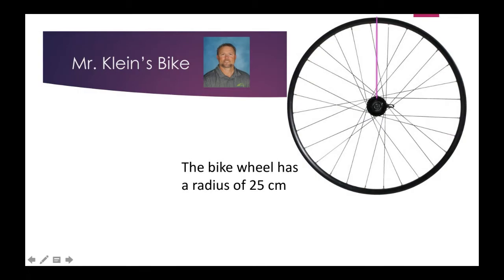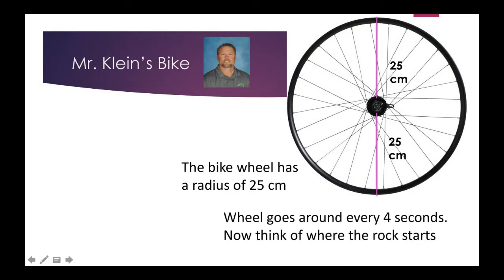So from the center up 25 centimeters, down 25 centimeters. It's that simple. All these questions are done the same way. You get your diagram and then you just start labeling the diagram as you're going through it. What else did we know? The wheel went around every 4 seconds.